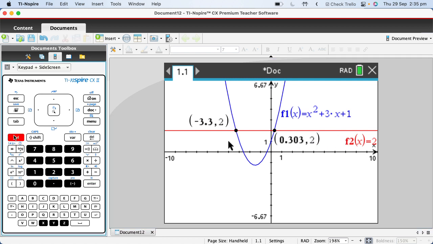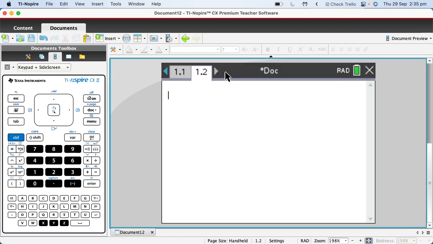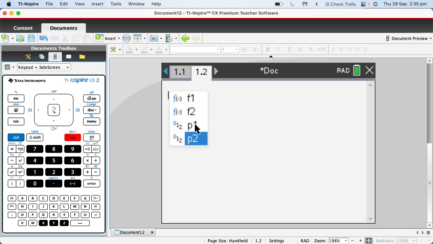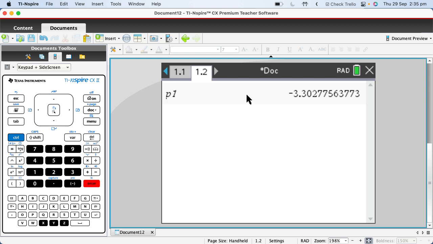And then when I go Control plus page, add calculator, and I look at my variable list there, you can see there's my P1 and P2. So if I go P1, there it is to all the decimal places, and then you can substitute it into other functions if you need to, or whatever. It's 2. Amazing. Couldn't believe that was going to happen. Okay. So that's kind of handy to do as well, to be able to store stuff in variables so you can use it elsewhere.